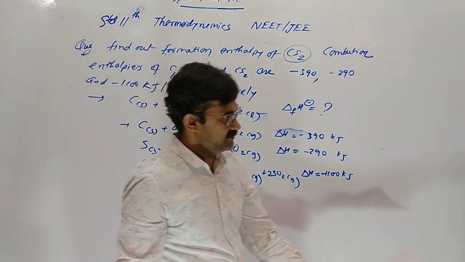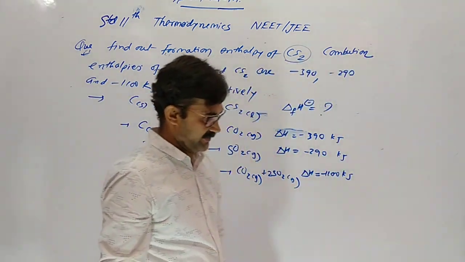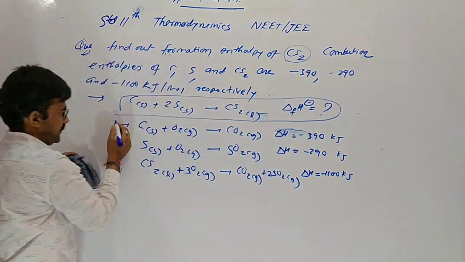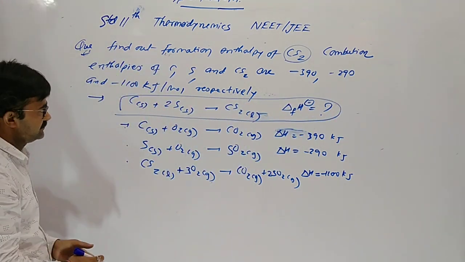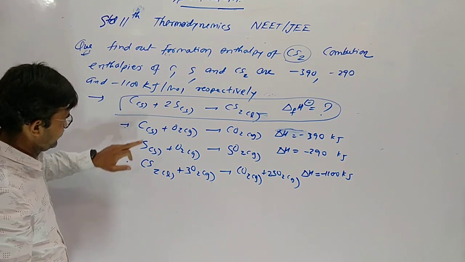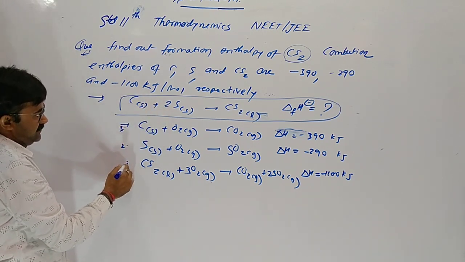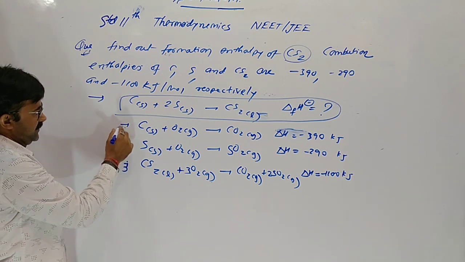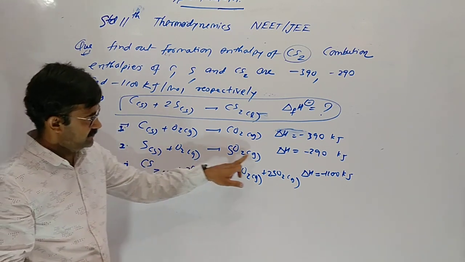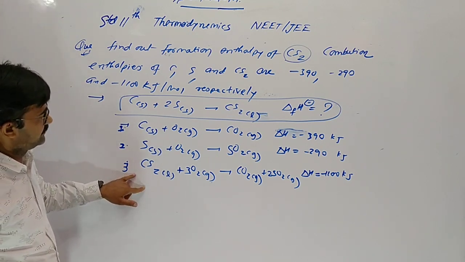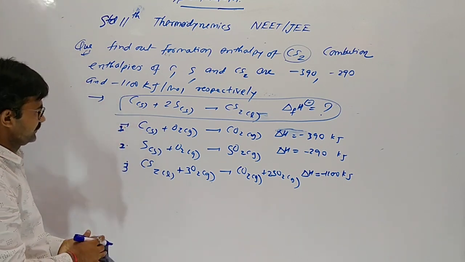For getting this reaction, what we have to do? A reaction we have to derive from given data. Carbon 1 time, okay. Here sulfur is 2 times, so reaction second should be multiplied by 2. Okay. Then reaction 3 we have to subtract from 1 and 2.